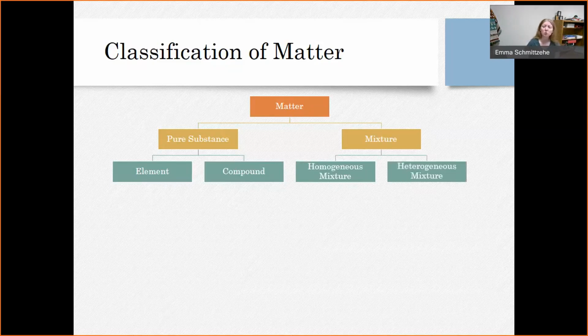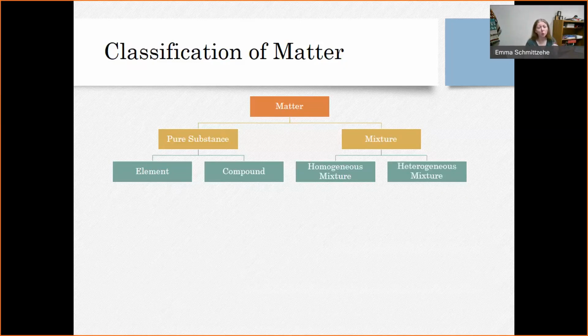And then you can also have heterogeneous mixtures. In heterogeneous mixtures, you have different things mixed together in the same space, and visually it's going to be very clear that it's multiple things mixed together. So with homogeneous and heterogeneous mixtures, you can distinguish them visually.